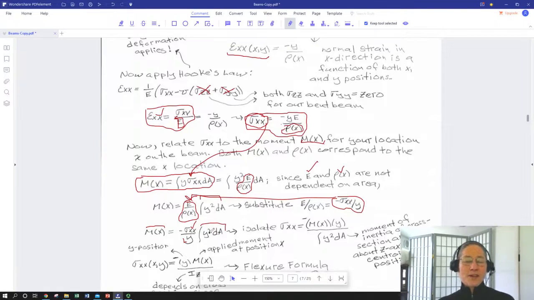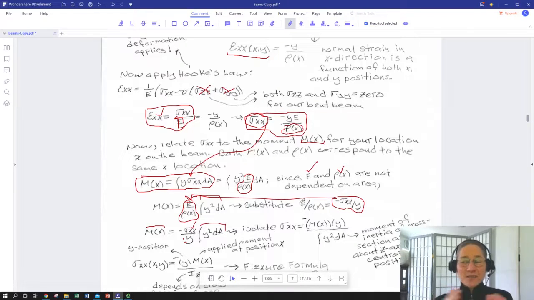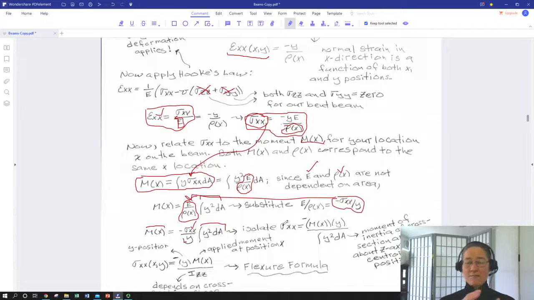And we can rearrange it again if we want to isolate stress, assuming we can solve for the moment at any position, like maybe the maximum position, using maybe a shear and bending diagram. So we can say that our longitudinal stress, or our sigma xx, normal stress in the x direction, is going to be negative the internal bending moment at that x position times the y distance upward from the neutral axis.